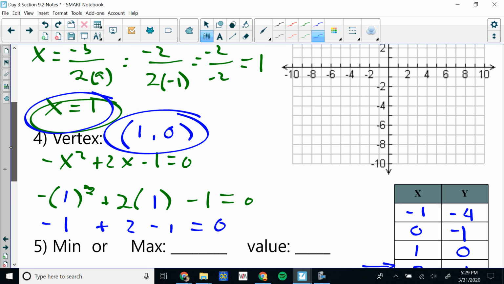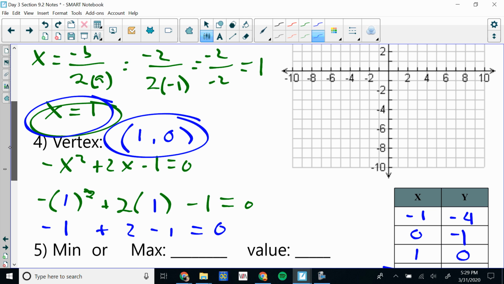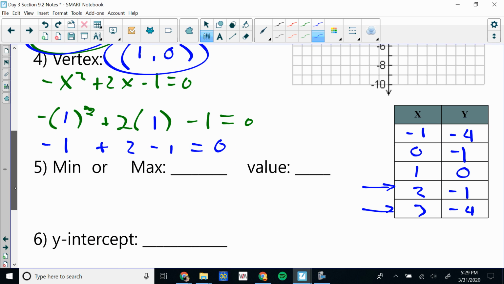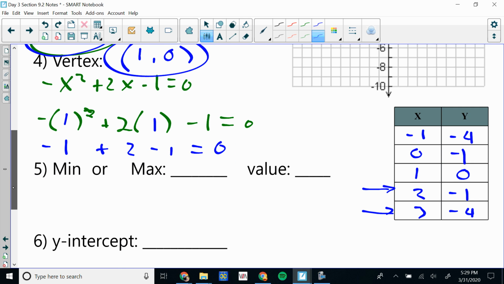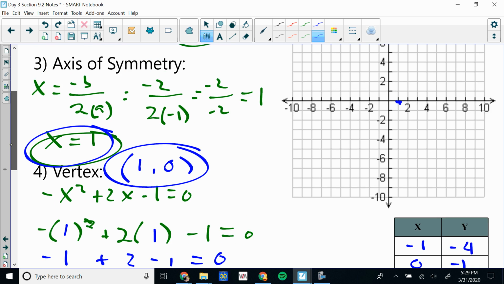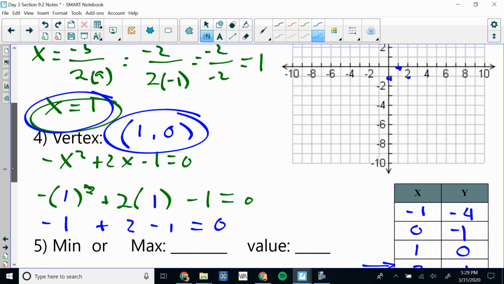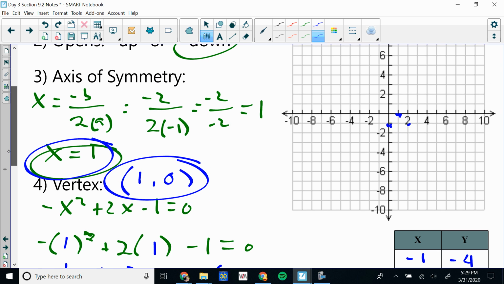On our graph, we start with the point 1, 0, which is right there. Again, I don't have my stylus, so these aren't as straight as they normally are. 0, -1, and 2, -1 are going to be those points. And then -1, -4.